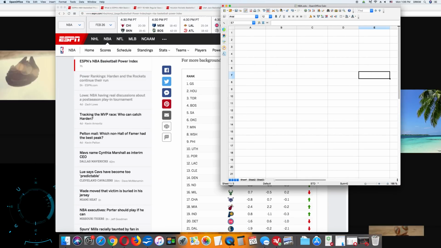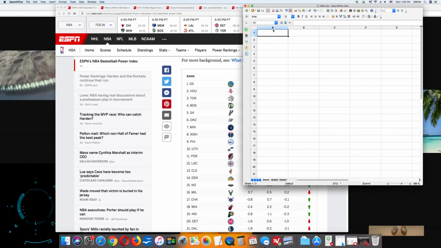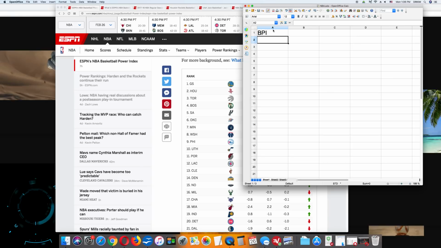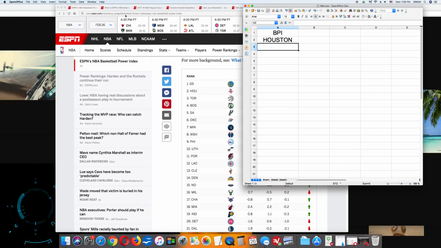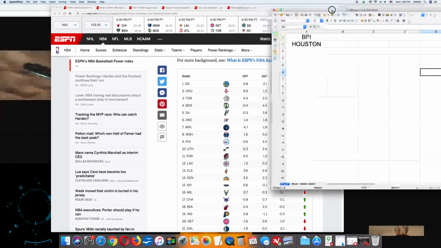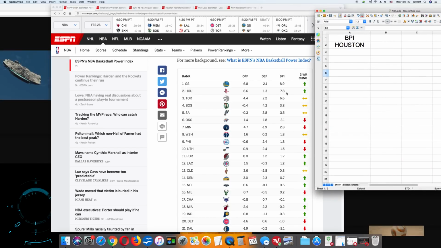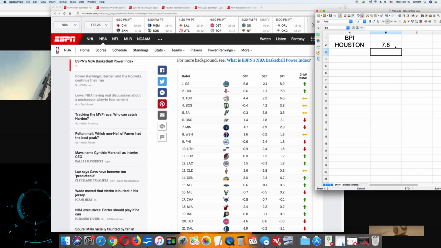Okay, so we're doing BPI here. BPI, Houston. Okay, Houston is 7.8. I'm looking at the BPI column. 7.8, and that would represent the expected margin of victory that Houston would achieve against a hypothetical average NBA team.